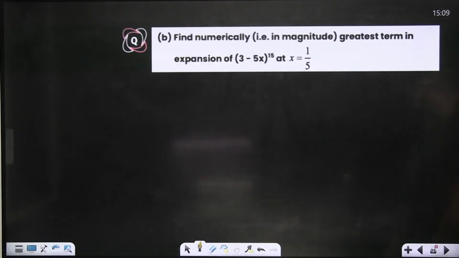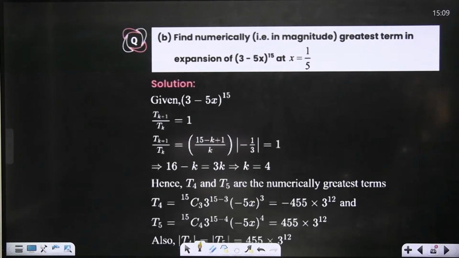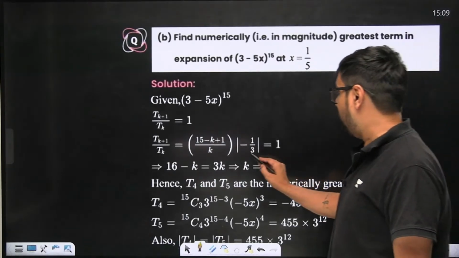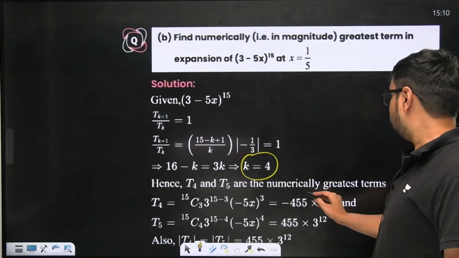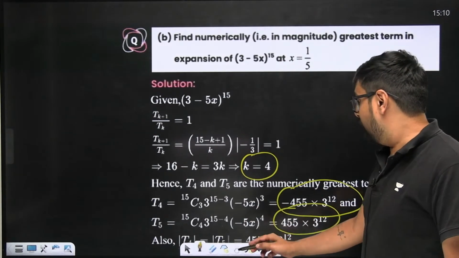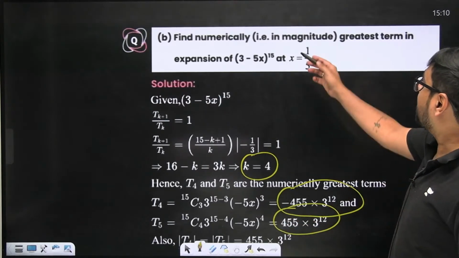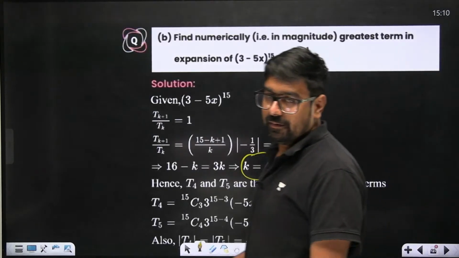Numerically greatest also means the same thing only. You know, plus minus you have to calculate. For example, in this case, when we solved, k was coming equal to 4. Now there will be two terms, 4th and 5th. T4 is the minus of this and T5 is this. So which is the greatest among these two? Numerically, in magnitude, both are equal.